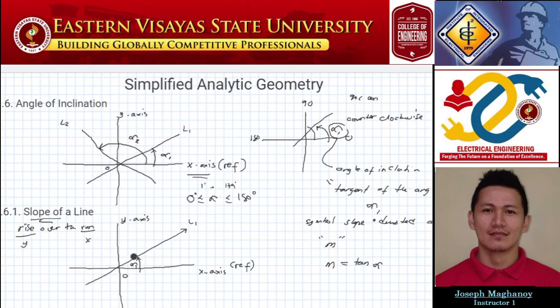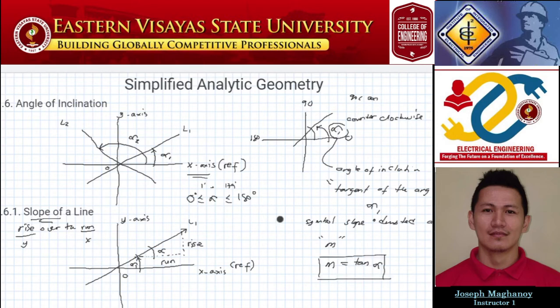So for example, this is still your angle of inclination, this is your rise and this is your run. So tangent, so we have our first formula.